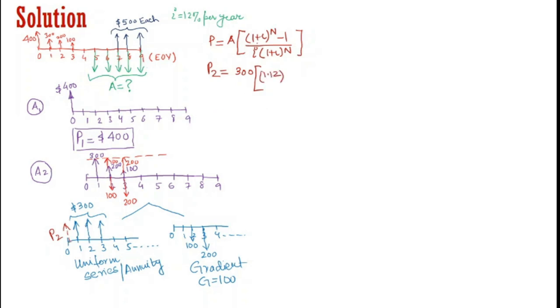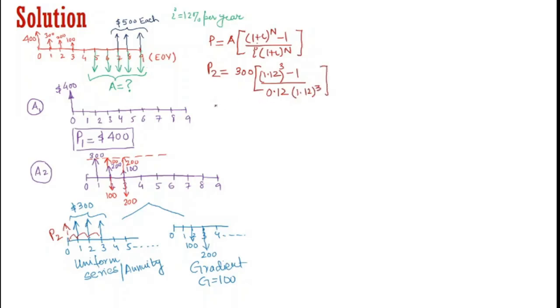n is how much? 1, 2, 3. So it is 3, minus 1, upon 0.12 into 1.12 to the power 3.